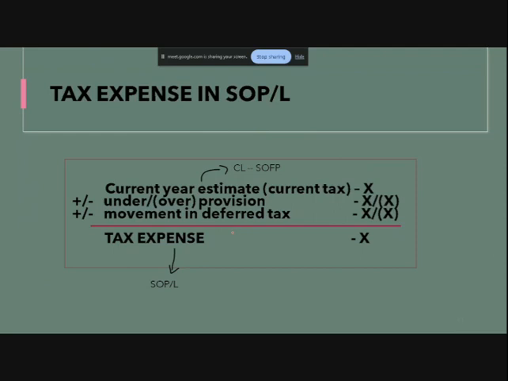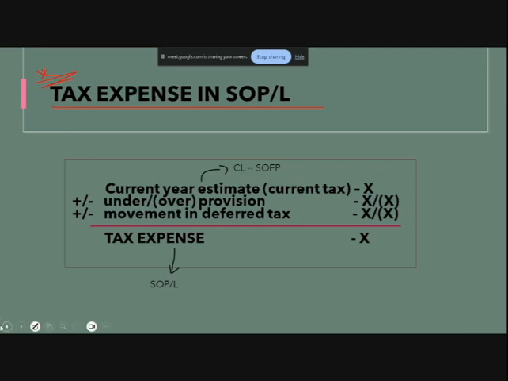Now this part, tax expense in SOPL, is very, very important. In every single FS question that you do, mostly you will have to find the tax expense. You have to know this thing. You will get an adjustment for tax. This standard of income tax is very important, especially this part.